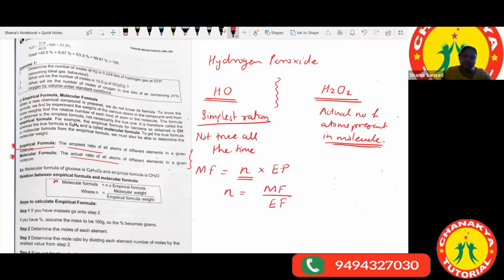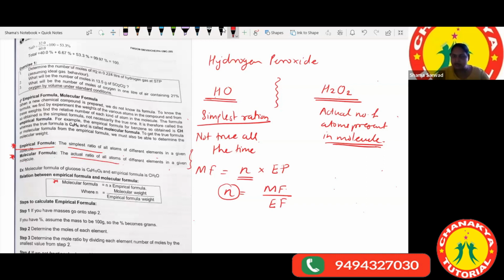This N is nothing but a simple integer. So this is basically the relation between the molecular formula and the empirical formula.